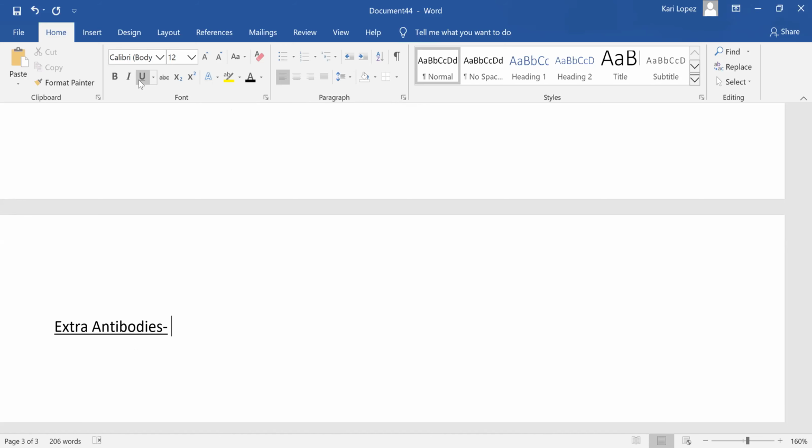So extra antibodies. We talked about missing or weak antigens and extra antigens. Now these are extra antibodies. They occur as extra agglutination reactions. And so where is that going to take place, your forward or reverse testing?